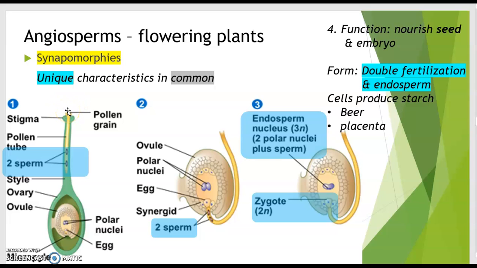Because think about it, a bee is going to go to this flower and get all of the pollen all over their wings and all over their body. And then they're going to rest on top of this area called a stigma. It's a great resting place for a bee that's working very hard. And then they're going to drop their pollen off of their wings, and it falls right on top of the carpel, which will allow that pollen grain to start digging a tunnel down through this area called a style.